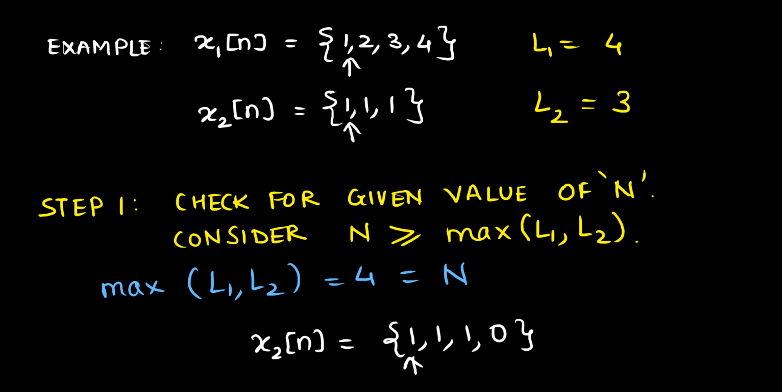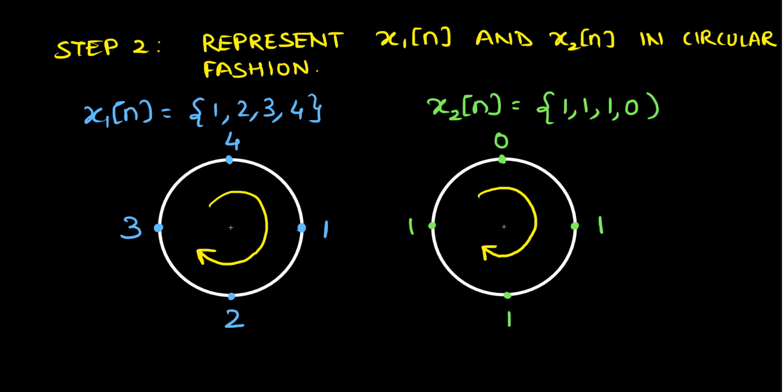Once we do that, the next step is to represent x1 of n and x2 of n in a circular fashion, something like this. We need to keep the initial location of zeros at the same locations for both the signals. Moreover, the direction of increasing n should also be kept the same in both cases.